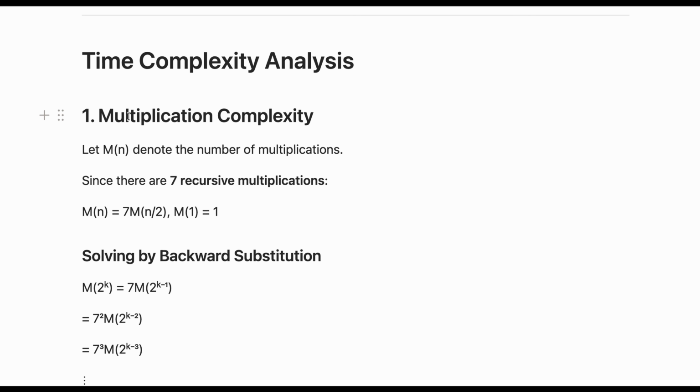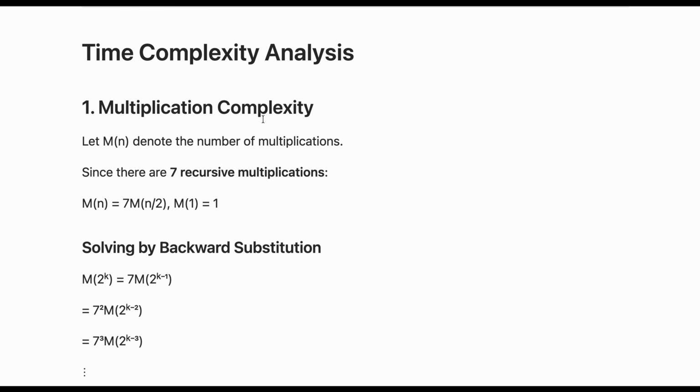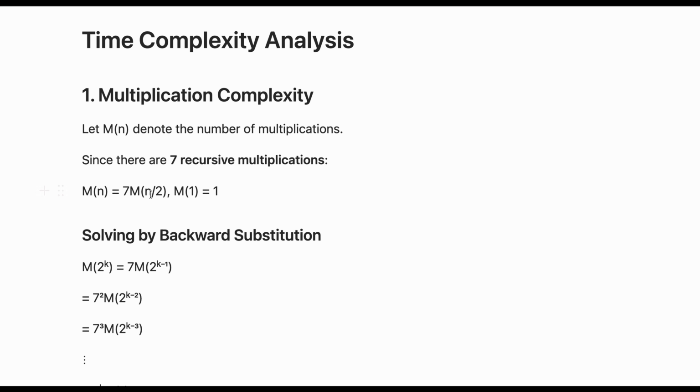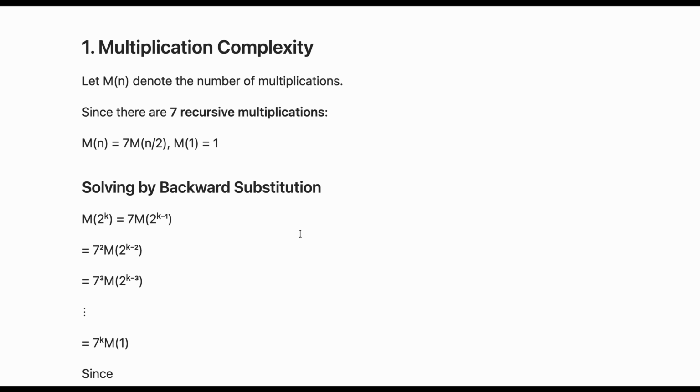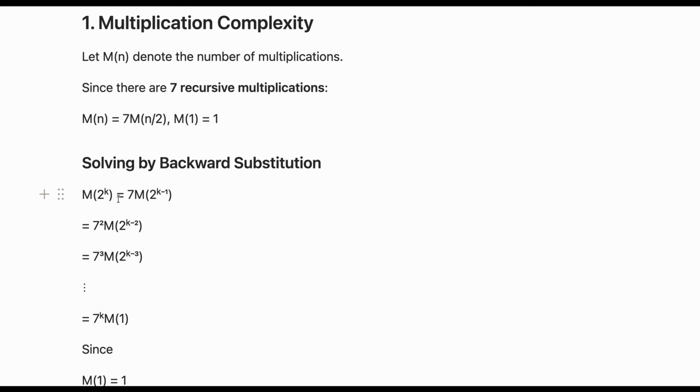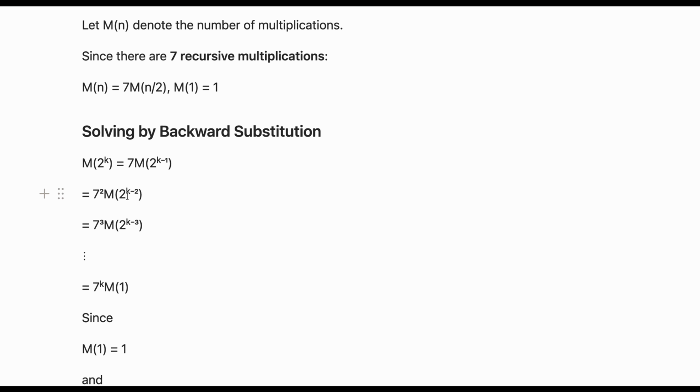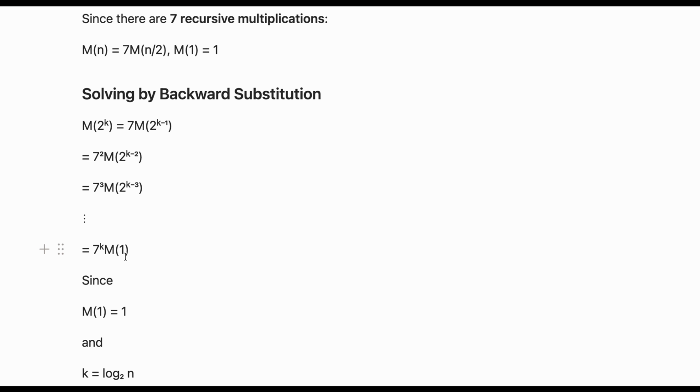First is the multiplication complexity. Let M of n denote the number of multiplications. Since there are 7 recursive multiplications, M of n is equal to 7 into M of n by 2, with M of 1 equal to 1. Solving by backward substitution, M of 2 to the power k is equal to 7 M of 2 to the power k minus 1, and we continue like this for k minus 2, k minus 3, up to 1.